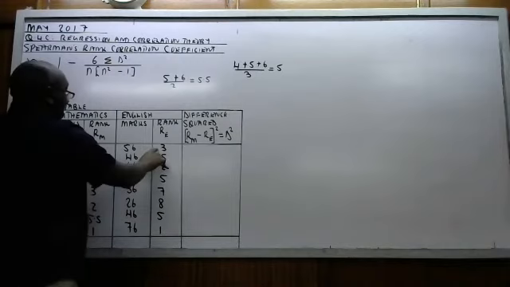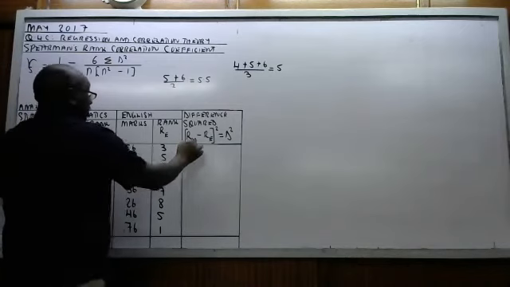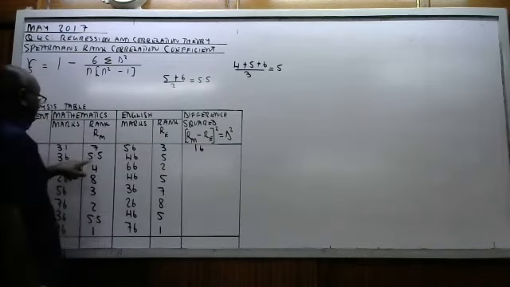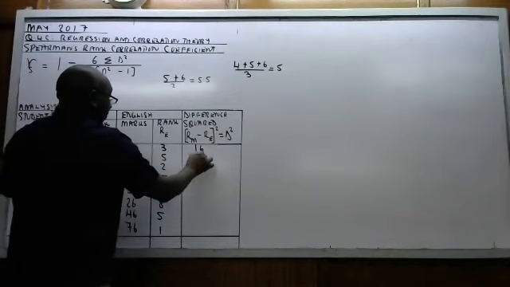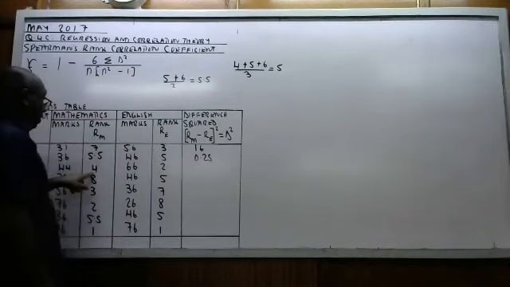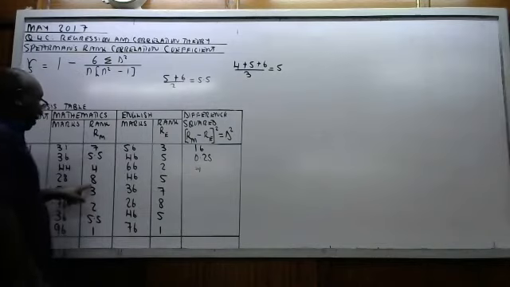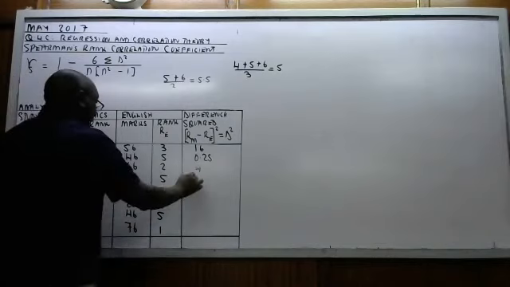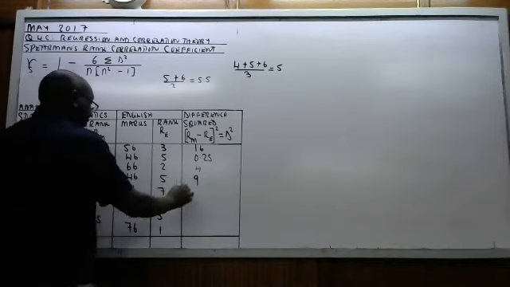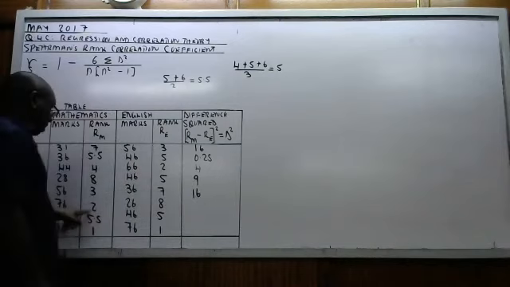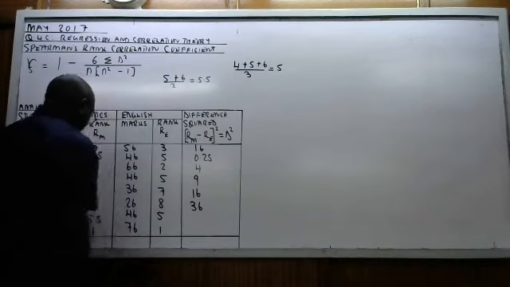Then 7 minus 3, you square, that is 4 squared, that is 16. This is 0.25. This is 2 squared, you get 4. This is 3 squared, you get 9. This is 4 squared, you get 16. This is 6 squared, you get 36.